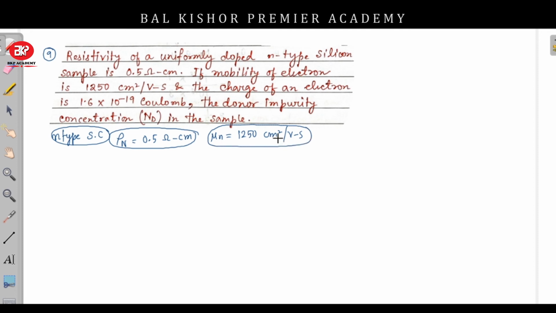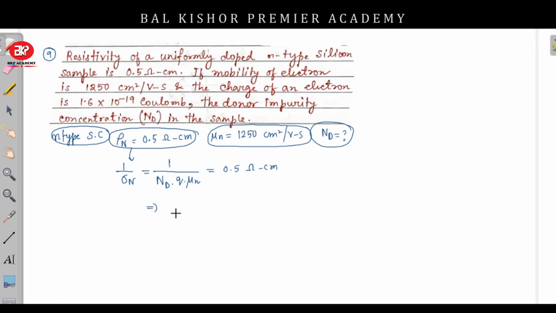Now we have to find the donor impurity concentration. So rho n is nothing but 1 by sigma n. So we can write it as 1 by, for an n-type semiconductor, Nd into q into mu n, and this is equal to 0.5 ohm centimeter.